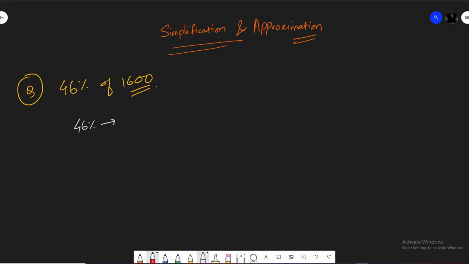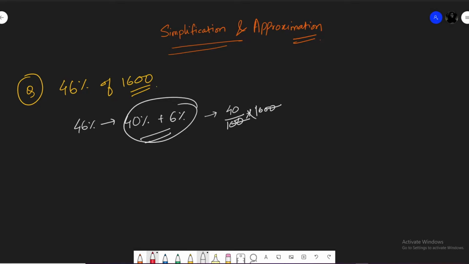Then what is that? We know 46%. What is 46%? It is 40% plus 6%, we know that. So now it becomes pretty easy. What is 40% of 1600?